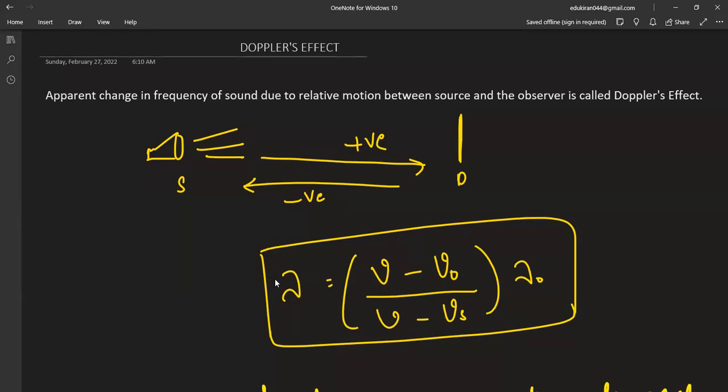This will give the apparent frequency. The first thing is that the medium is at rest. But remember, sign convention is very important. That will determine whether this will be minus, this will be plus, or what.